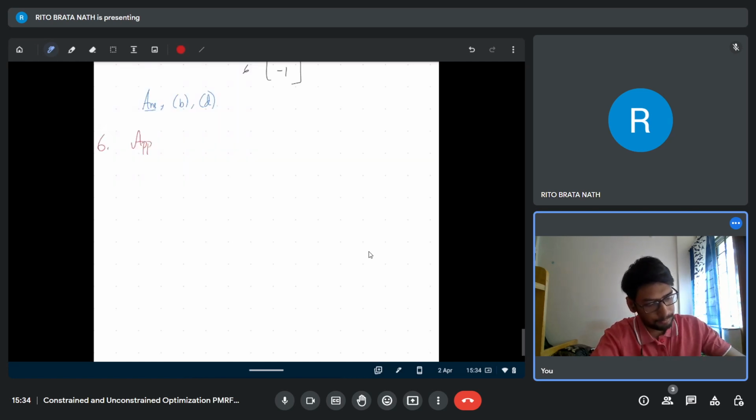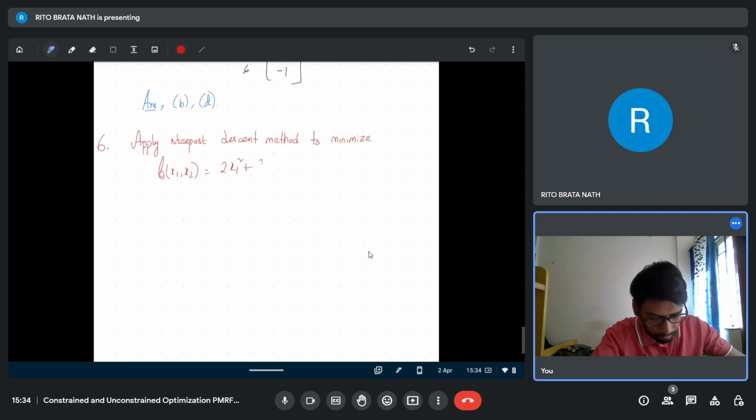Apply steepest descent. The function of x1, x2 is 2x1 squared plus x2 squared plus 4x1 squared minus 4x1 plus 2x2 plus 5.